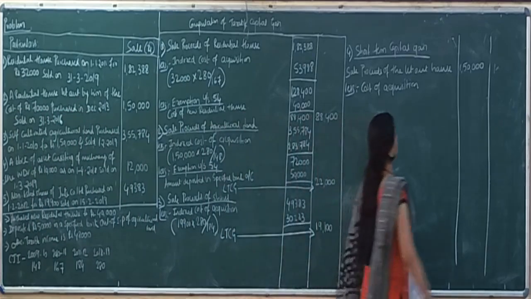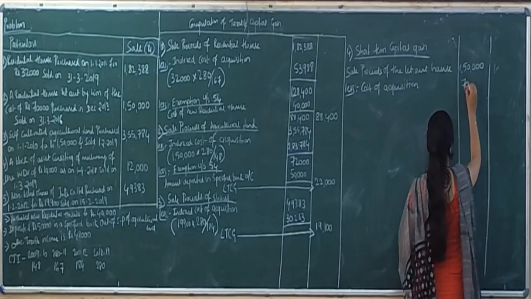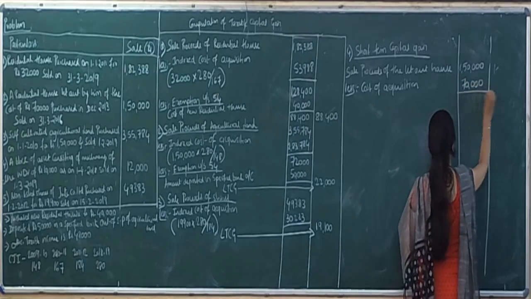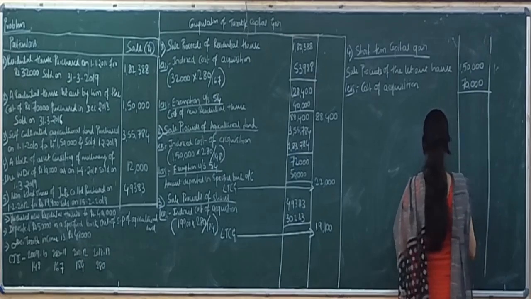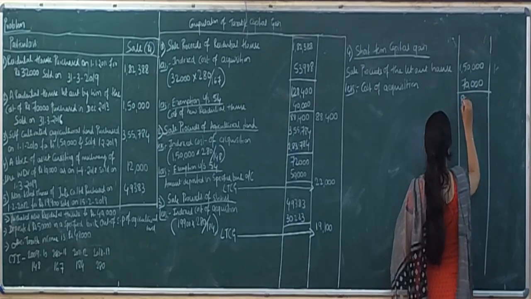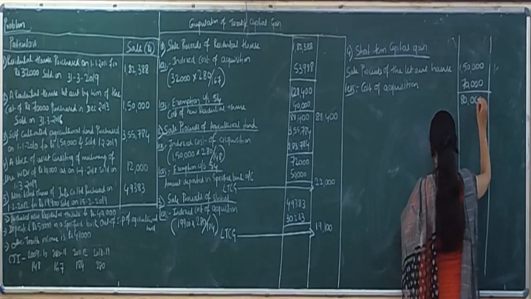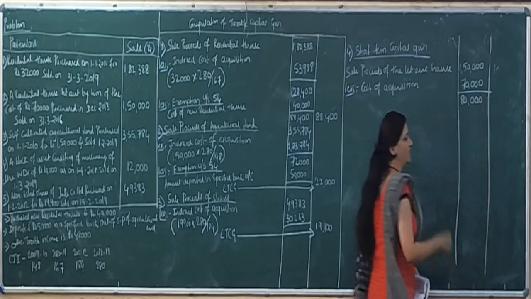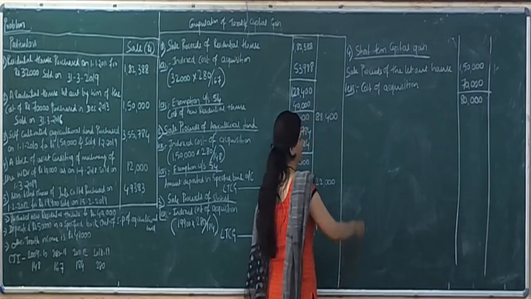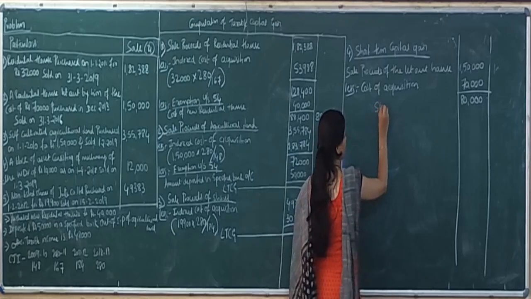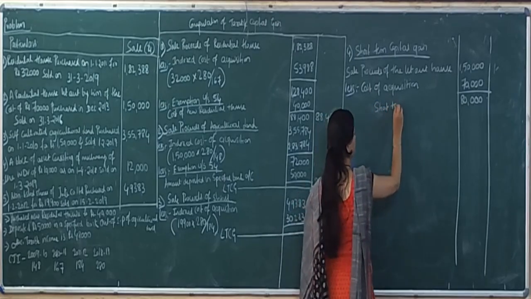So here we can see 70,000. So here this is called as short-term capital gain.